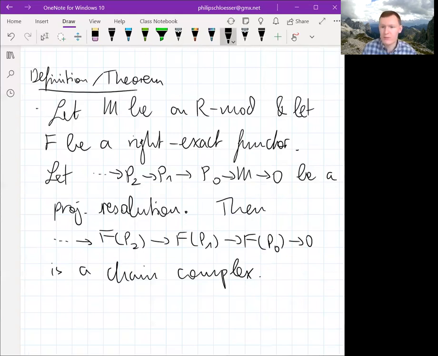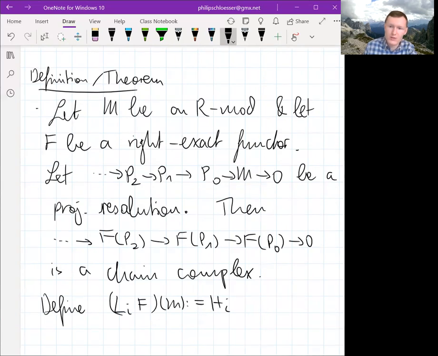And we can then take homology groups. Define L_iF(M) to be the ith homology group of this complex.